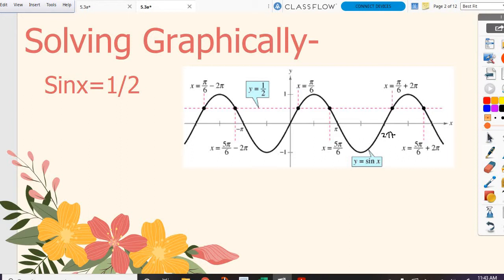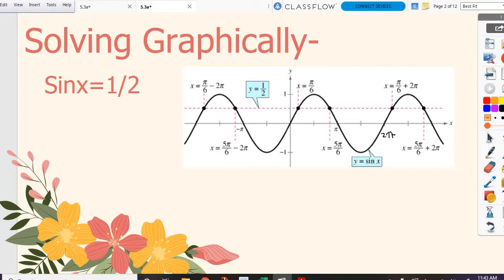So basically what we're trying to say is what x value or what angle for sine of x gives us 1/2. So the same type of idea, I've graphed sine of x. If I graph 1/2, that's going to be a horizontal line at 1/2, which is what this pink dotted line is. And we're looking for the points of intersection between those two things.